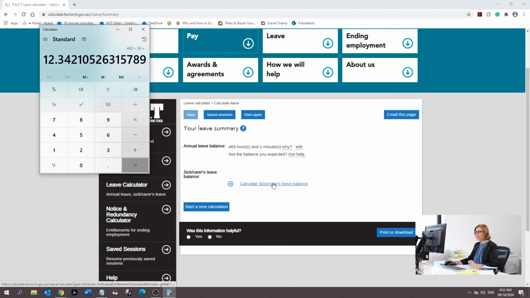So it says here I've got 12 weeks and 34 hours of annual leave available to me. That's pretty good. Remember, you accumulate 4 weeks per year. I've only taken 3 weeks off, so it's unsurprising that between 2017 and the end of 2020 I've accumulated this much leave.